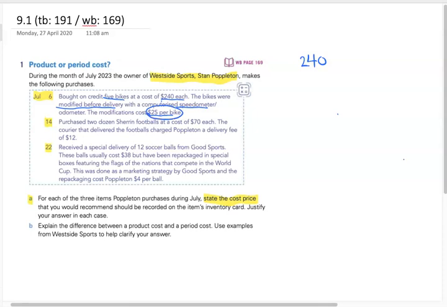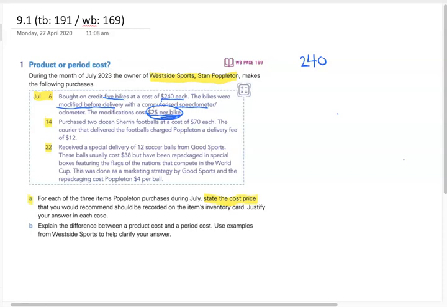Now the question is, can we logically allocate the $25 per bike to each individual bike? And that's a really straightforward question. We've been told that the speedometers cost $25 per bike. So the key bit here is the per bike. That means we can logically allocate it because we know how much of this modification is per bike.